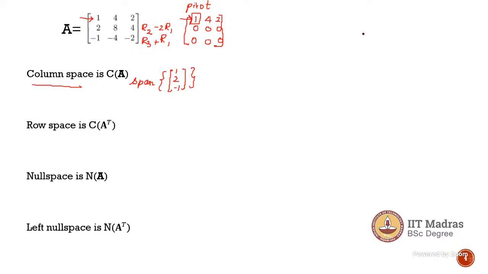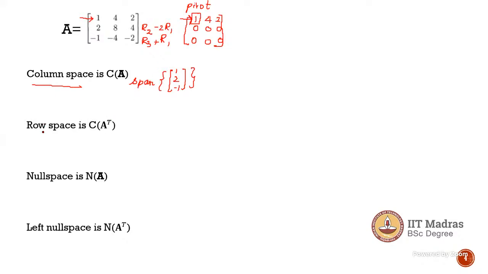Ma'am, when we transform the matrix into the reduced row echelon form, for the column space, can we take the span from the original matrix and also from the reduced row echelon form? There are two different ways, right?